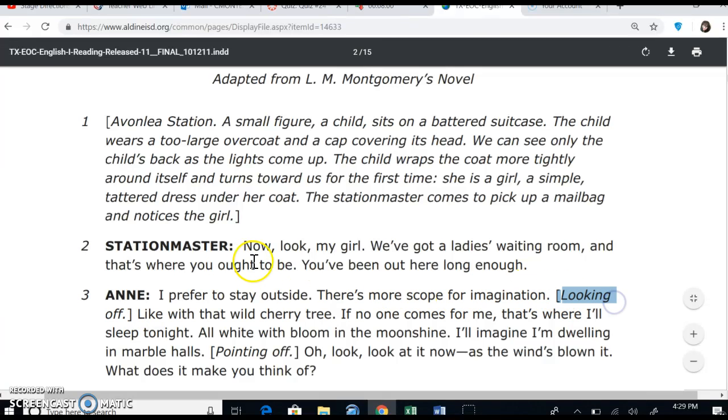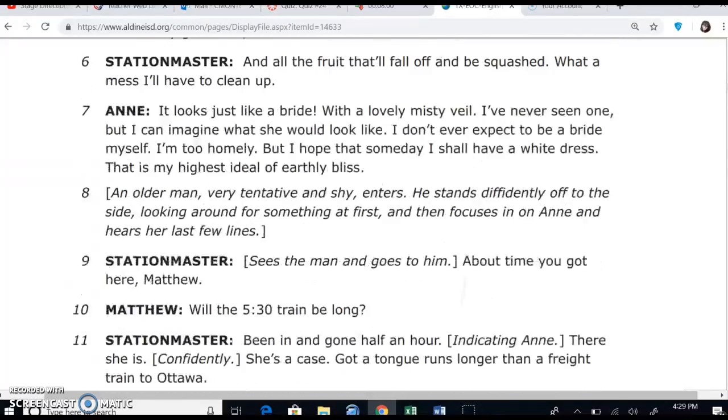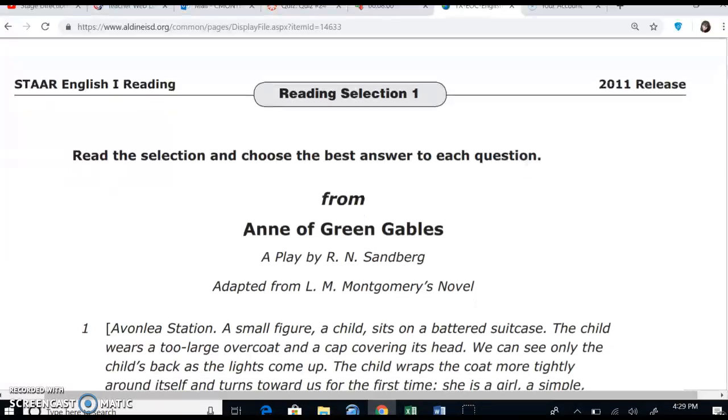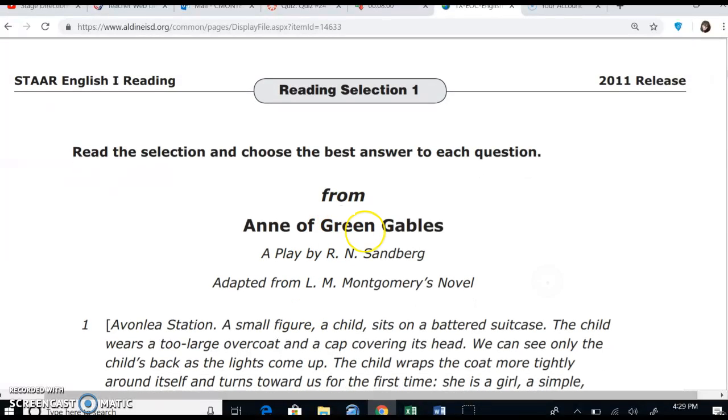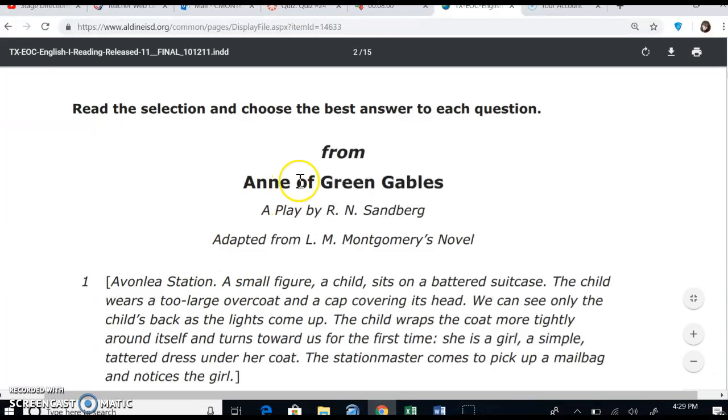So wherever you see the brackets that are in italics, those are the stage directions that I want you to highlight. Just because it makes it more visual and you're able to see the stage directions. So you have 20 minutes. After the 20 minutes, you're going to give your handouts to Mr. Ramirez. I am taking this one as a test grade because we have to be ready just in case we do get a play in the STAAR test.